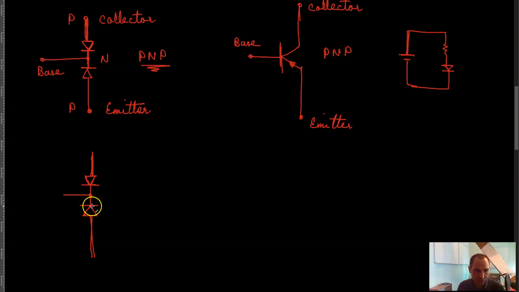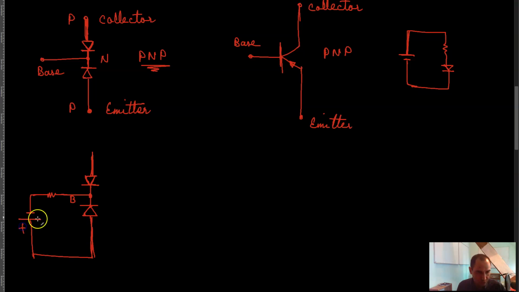So if I give the cathode to the negative supply, and since this is my base, I have to put the resistor over here and connect this to the negative supply, and the positive supply has to be connected to this anode over here, right?